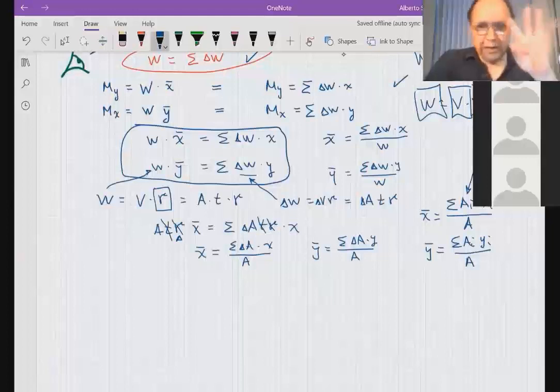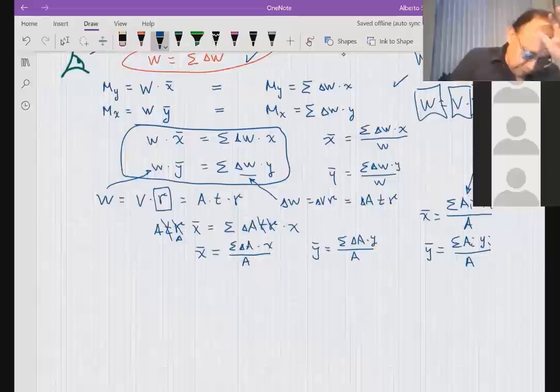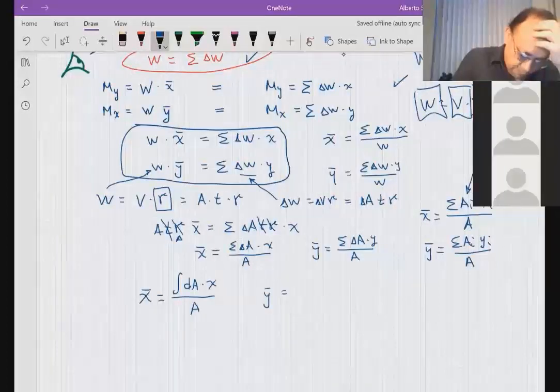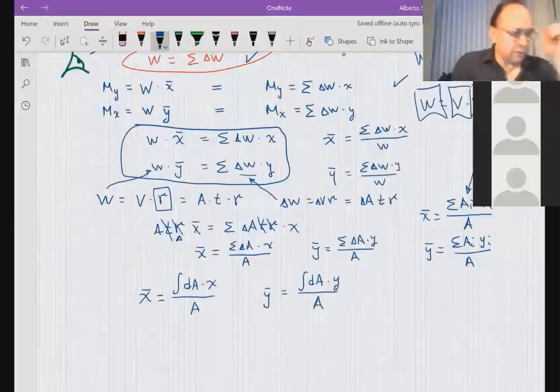You go to an infinite number of particles, then the delta becomes the differential, and the summation becomes the integral. So you will have X bar equals integral of dA times X divided by area. And Y bar equals integral of dA times Y divided by area.